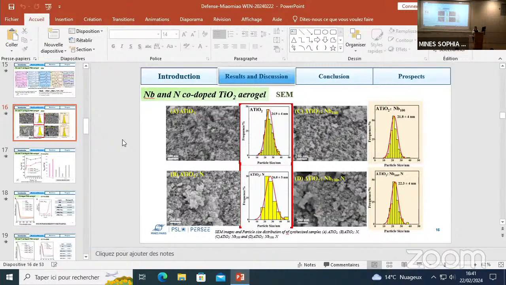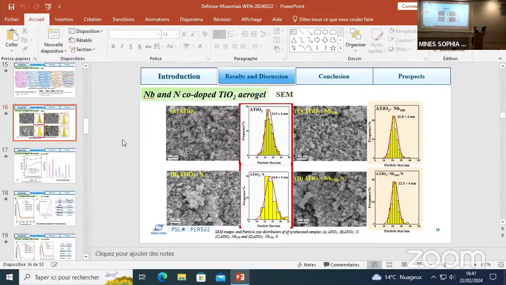So probably that means the porosity and pore volume increase. I agree with that, but the surface area also increases. To increase the surface area with an assembly of particles, you need to decrease the size of particles. So it's difficult to understand why the specific surface area is increasing in this case.